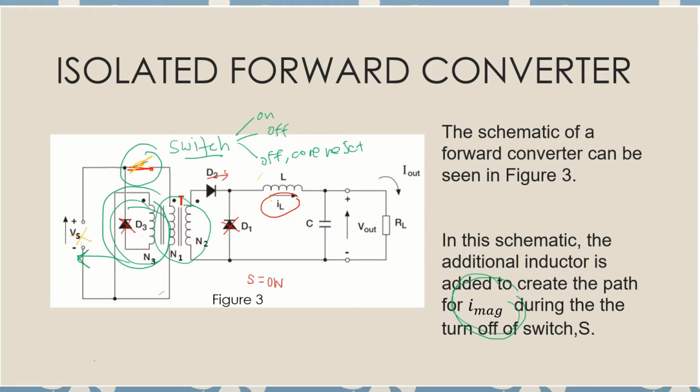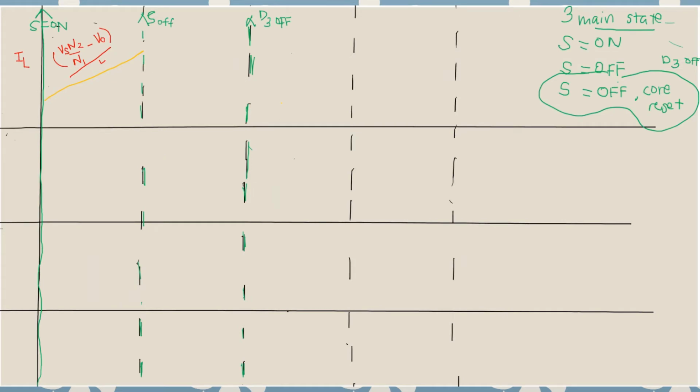When there's no supply, you will see that the current IL is now reducing, because now ID2 is off and ID1 is on. If you don't remember, just refer back to the previous lecture note, the previous video. So that's why IL is decreasing.